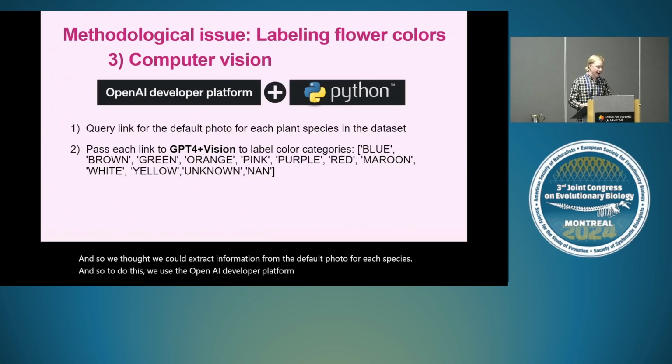They have an API that interacts nicely with Python. We first just queried the link to each of the iNaturalist default photos for each taxon, and we passed that link to the GPT-4 with vision model to label the flower color category. Yes, this is the same GPT-4 with vision model that you are probably interacting with day to day through ChatGPT.